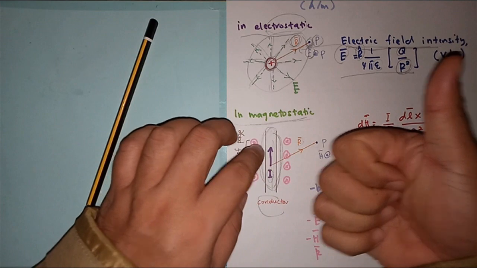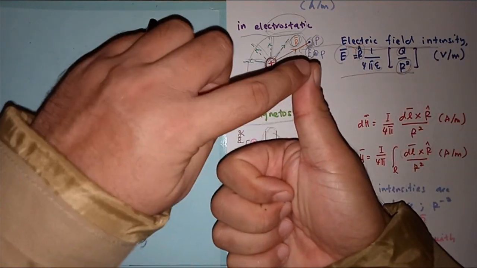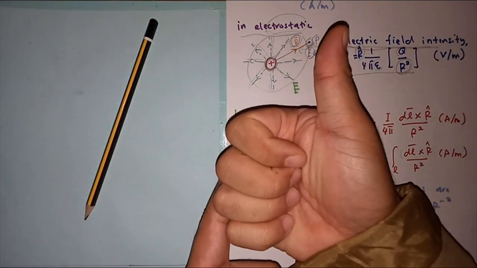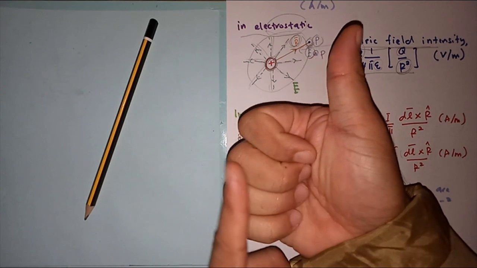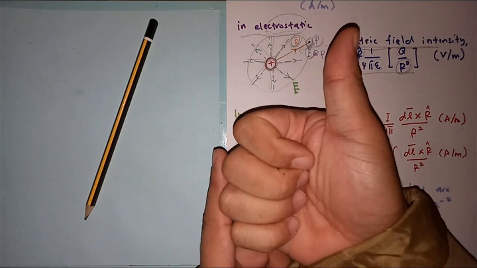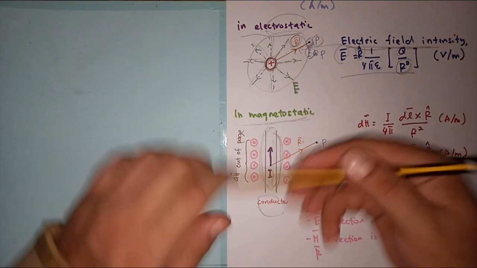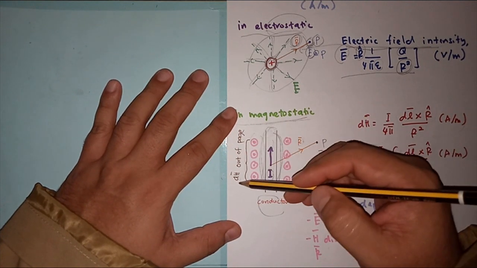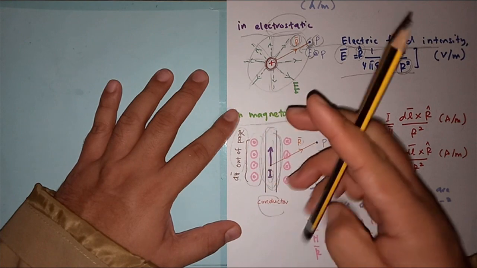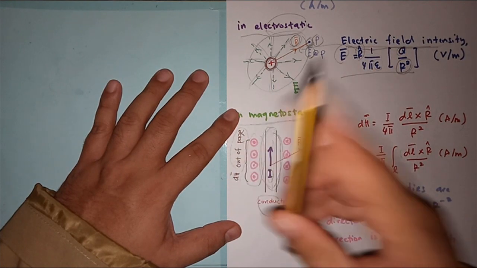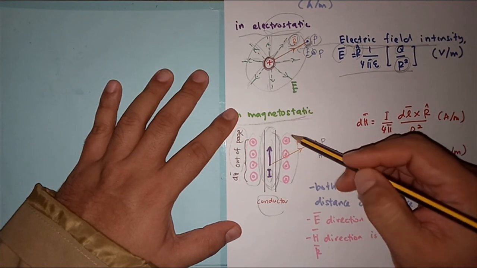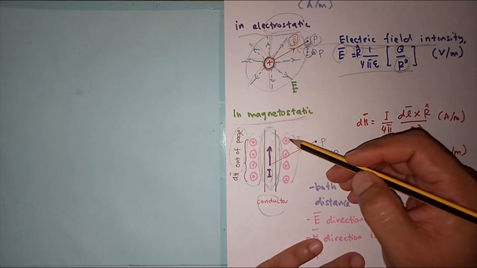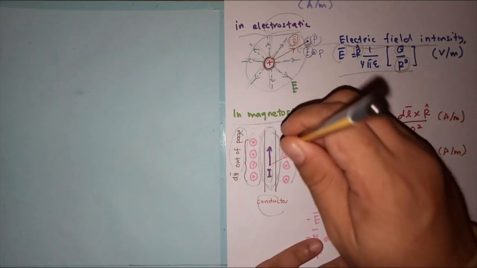So in this case, the current flows in this direction, and the field is induced in this direction. Therefore, on this side of the conductor the direction of the field is out of the page, and on this other side the direction of the field induced is flowing into the paper.